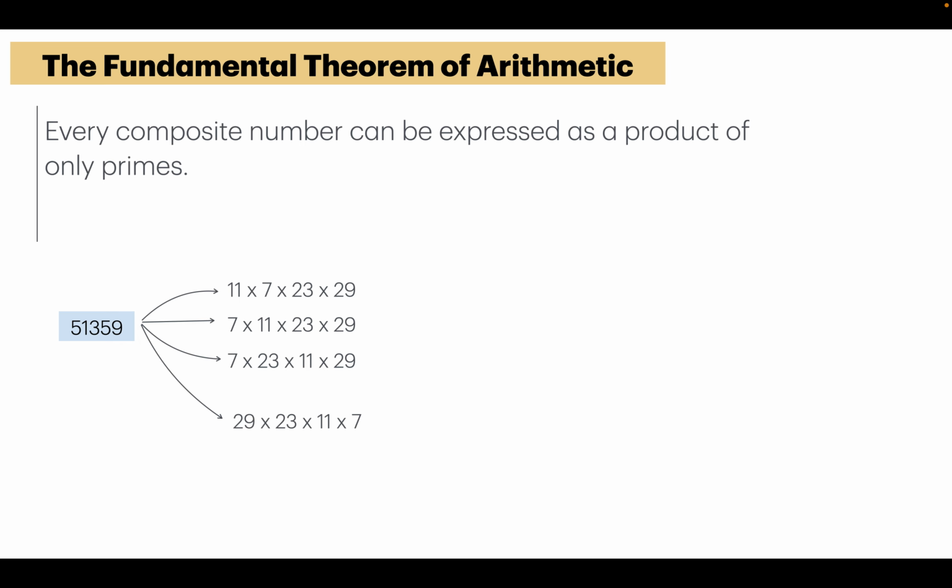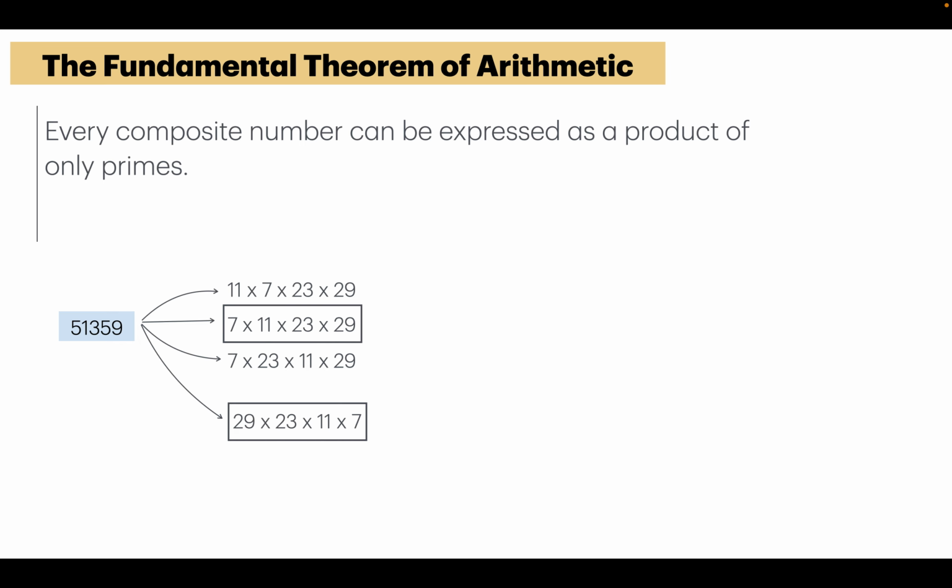Now if you look at the factors when I have arranged them in ascending or descending order, and if you put these factors in a certain order, ascending or descending, then you really have no other way of expressing these primes, right?